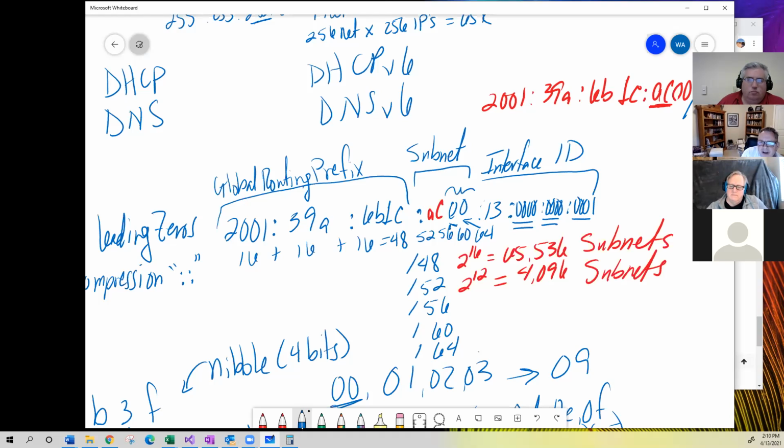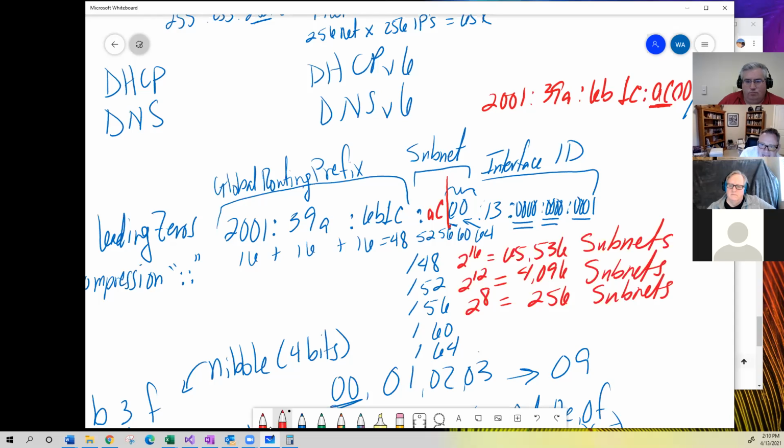That's all he can modify. So now a /56 winds up being, because 56 is right there, he can modify those 2 digits. 4 plus 4 is 8. 2 to the power of 8 is 256.